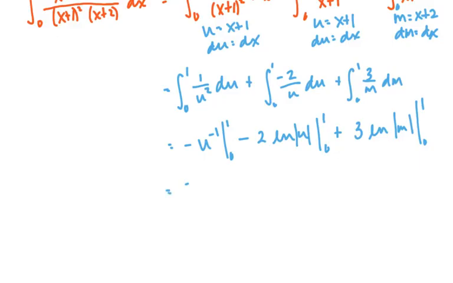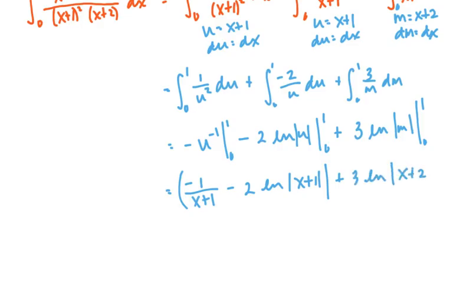So we have negative 1 over u is x plus 1, minus 2 natural log absolute value of x plus 1, plus 3 natural log absolute value of x plus 2, all from 0 to 1.